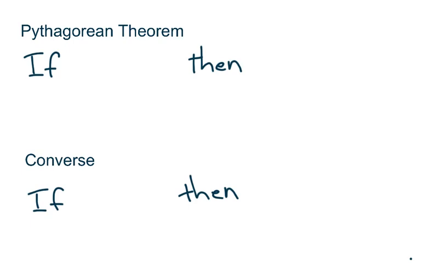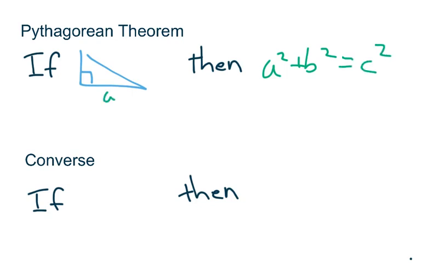So the Pythagorean theorem, and I'm just going to draw it out with pictures, states that if you have a right triangle, so a triangle with a 90-degree angle, then you can do the whole a squared plus b squared equals c squared thing, where a, b, and c are on the triangle like that.